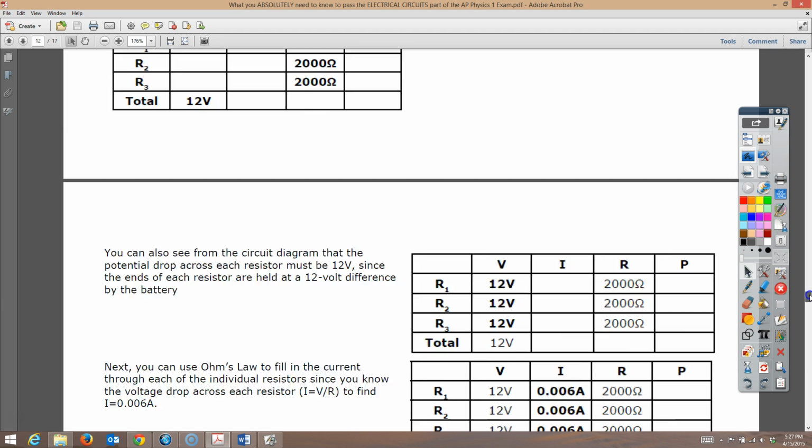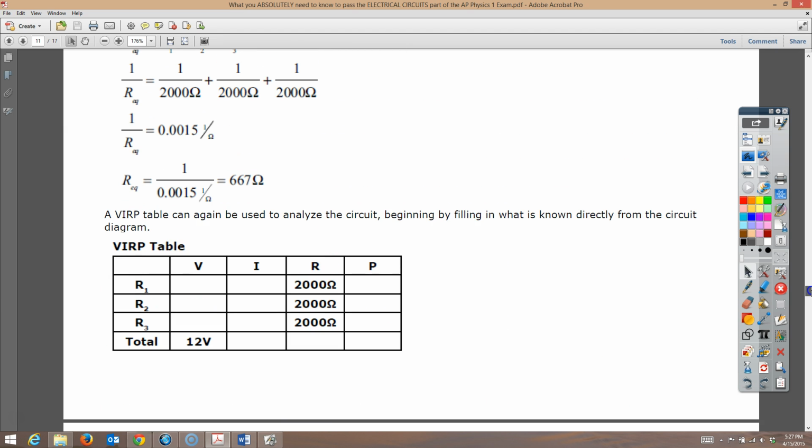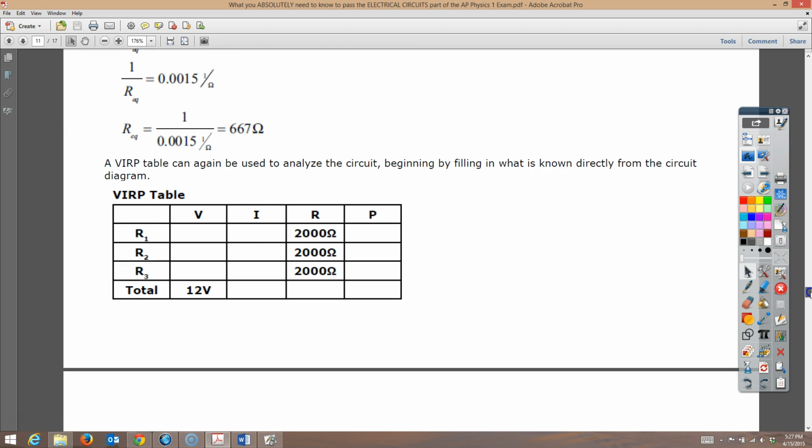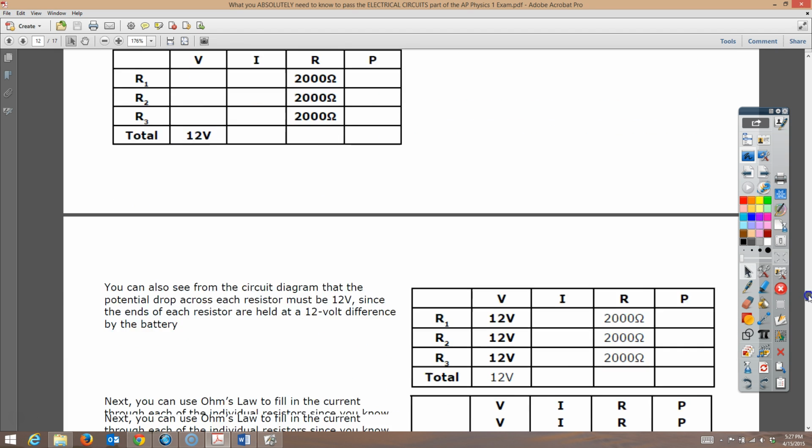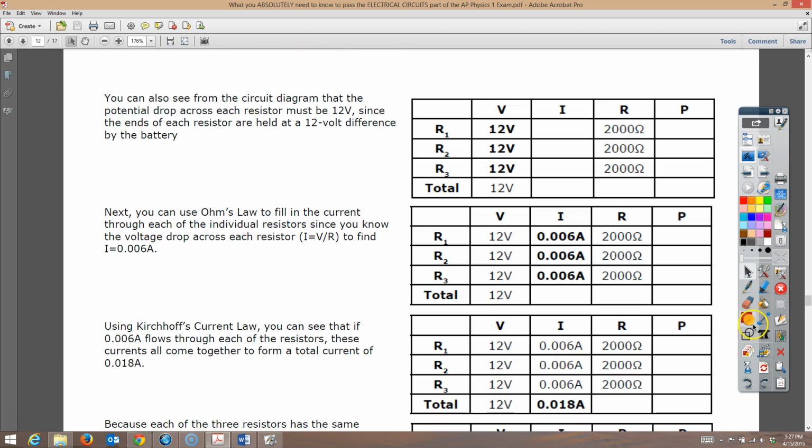In a parallel circuit, there are some things that are a little bit different. One of those things is that whatever the voltage is in the entire circuit, so we know that the battery is 12, each one of the resistors in a parallel circuit gets the same amount of voltage. Because they all get the same amount of voltage, we now need to figure out the current in each one.